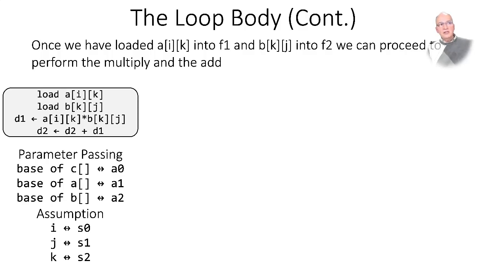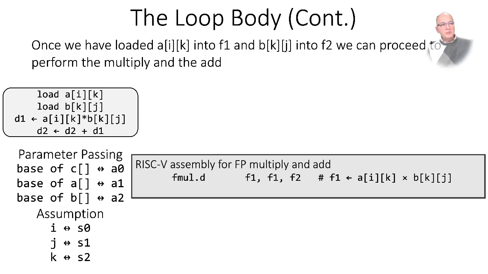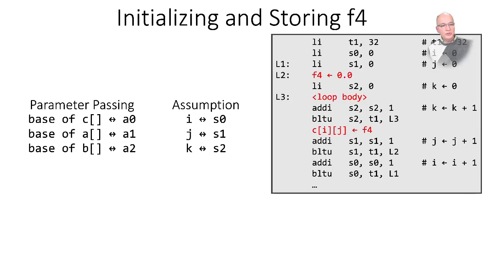Also, we have loaded AIK and BKJ. We can proceed to perform the multiply and add operation. The multiply and add operation is simply fmuld, that is the double version of the multiplication. And the add is an fadd, that's the double version of the addition. So all I need for the actual computation is those two operations.